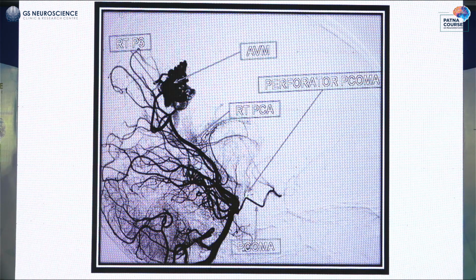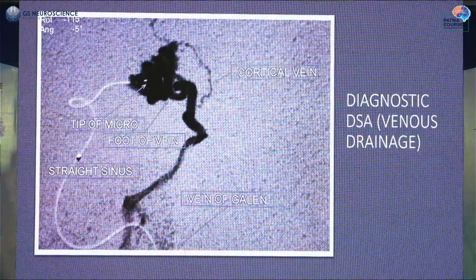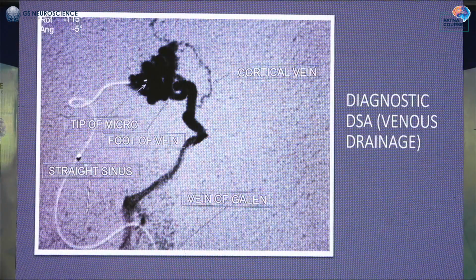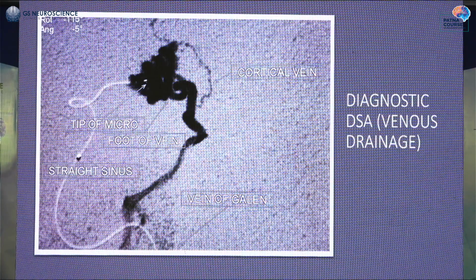These are perforators from the PCOM which we thought would be important to show, not related to the case. Now while we were doing the case, this was the tip of the microcatheter. This is the foot of the vein. This is a cortical vein which goes up, and ultimately it comes down to the vein of Galen, and from here is the straight sinus.